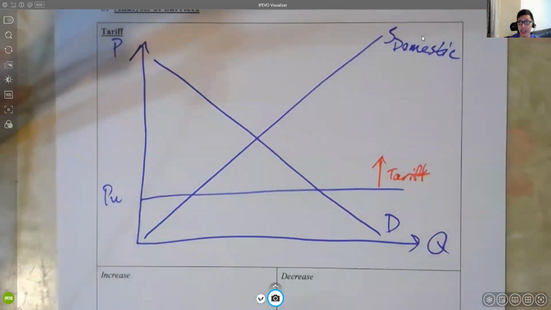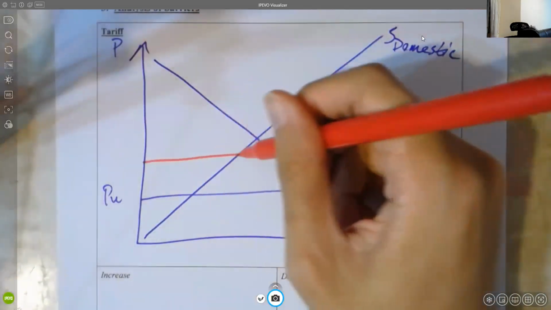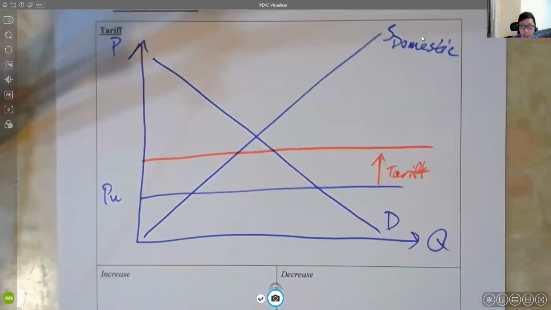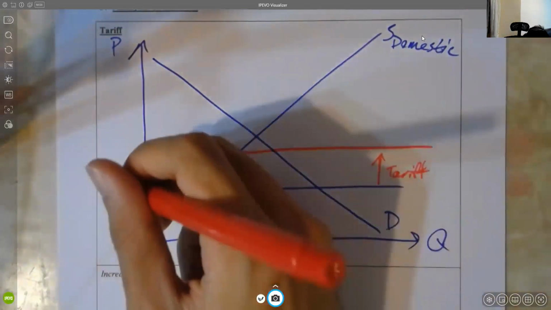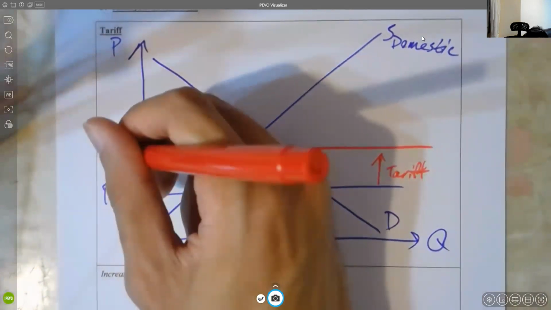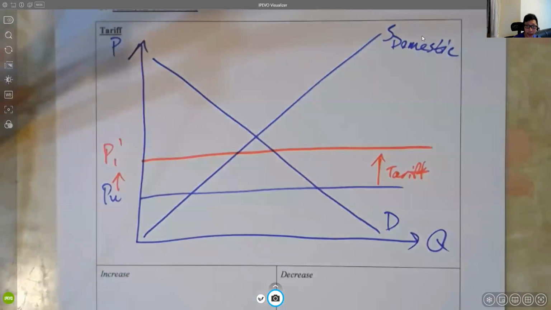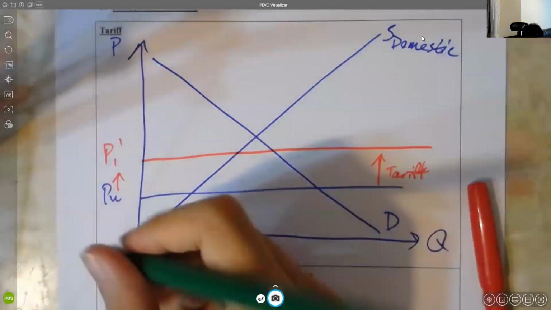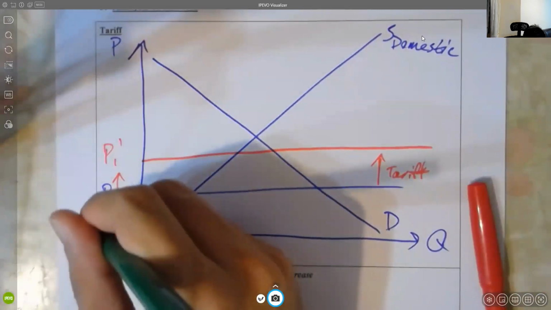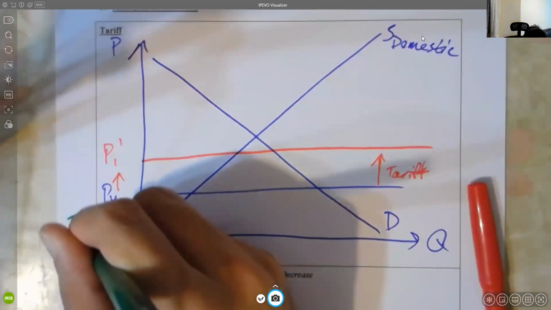You remember, right? Tariff would push up the price. Therefore, the price of import would become this. Let's call it P1. 會變到 P1 啦. But remember, this is pushing up the import price.